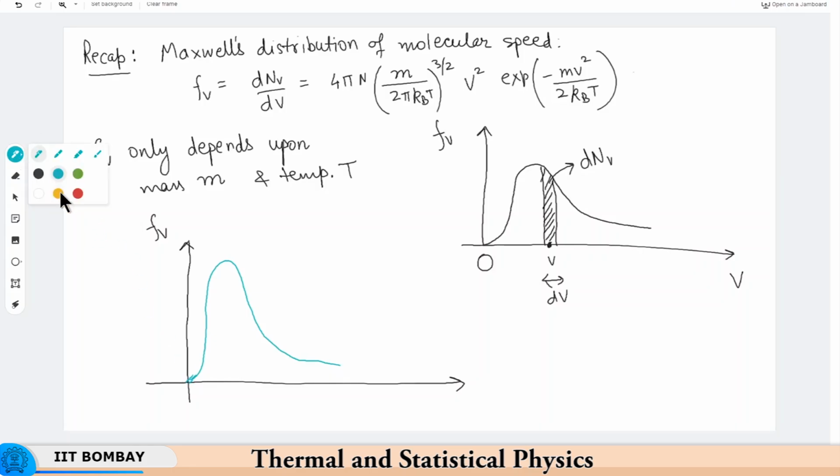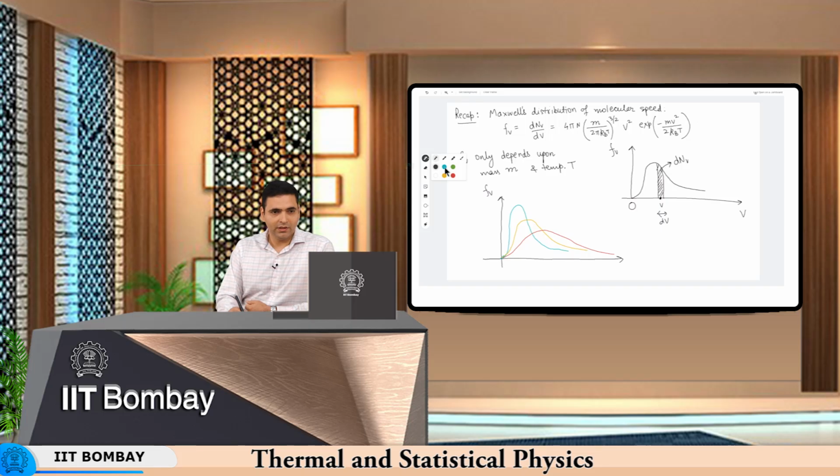Then we can do another one, maybe yellow, and the third one we can maybe do red. The way these 3 curves differ from each other for the same gas is just by the temperature, right. So, if I call T1 the blue, T2 the yellow, and T3 the red, then clearly we can see that T3 is greater than T2 is greater than T1.